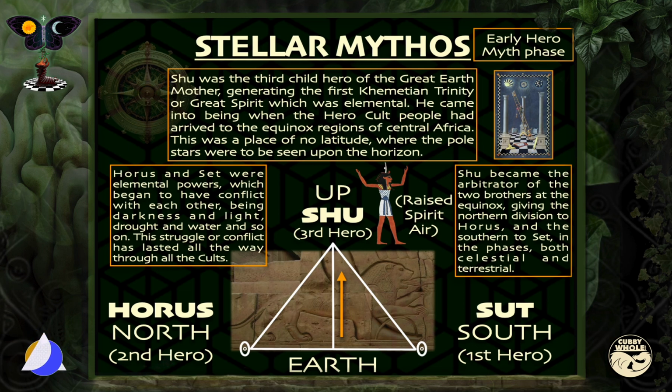So Set and Horus were elemental powers which began to have conflict with each other, being darkness and light, drought and rain, and so on. This struggle or conflict has basically lasted all the way through all three hero cults: solar, lunar, and stellar.